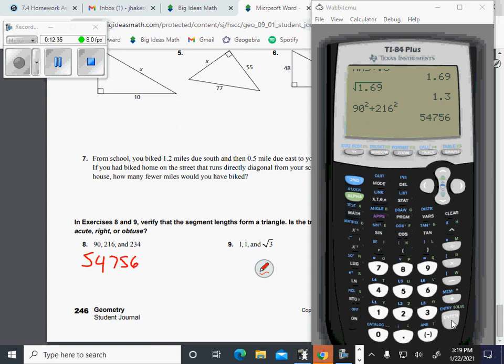Then what's 234 squared? 54,756. Which means when we get these two equal to each other, what does that mean? It means we have a right triangle.